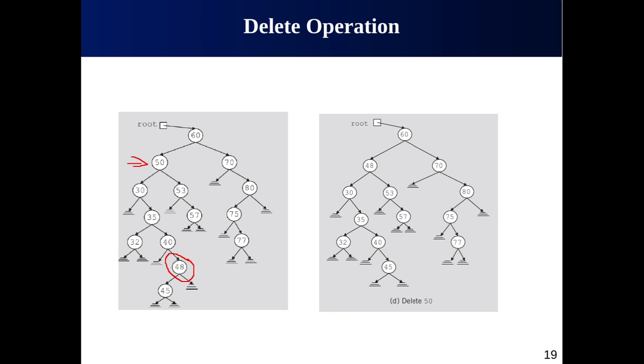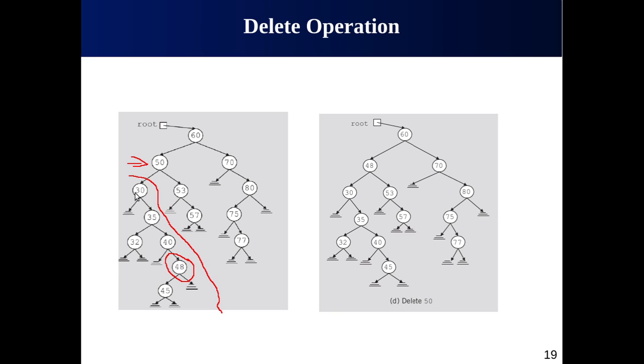First method is simple. If you are considering a node in the left subtree to take the place of the parent, then it must be the value that is greatest, the largest in this subtree.